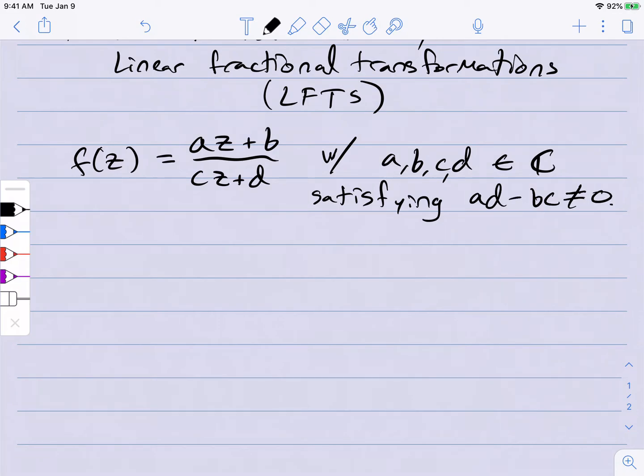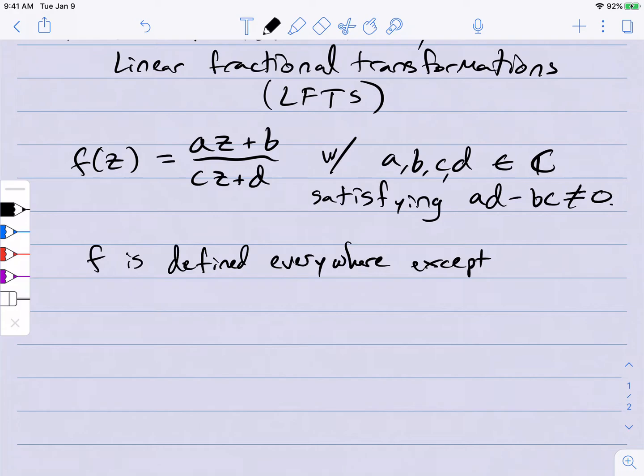So first, let's look at this function f. It is defined almost everywhere. We just have to be careful about dividing by 0. So when is this denominator 0? Well, if z was equal to negative d over c, then we get 0 in the denominator. So f is defined everywhere except negative d over c.